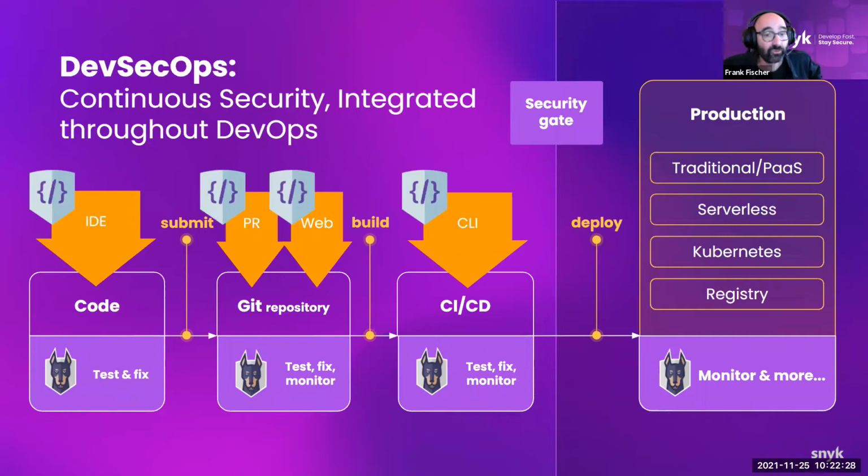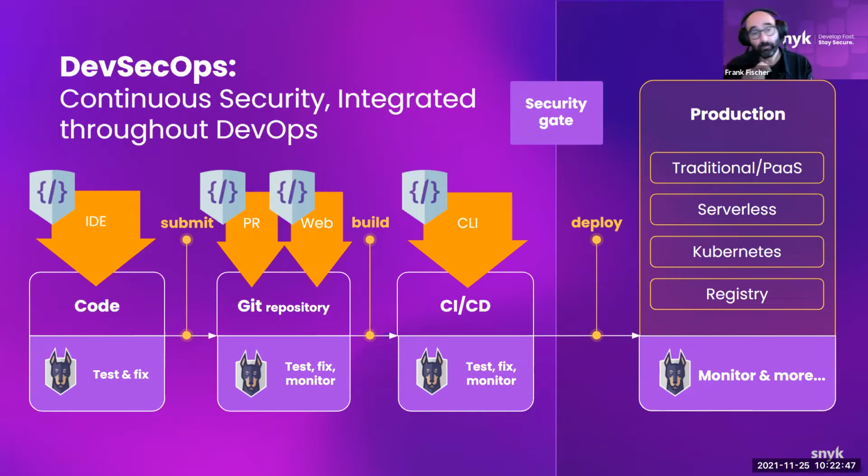What I would like you to see in the next probably half an hour or so is this: I will use an IDE plugin to code, because I'm a developer. I use the plugin to scan my code and get my first feedback and react to this feedback.